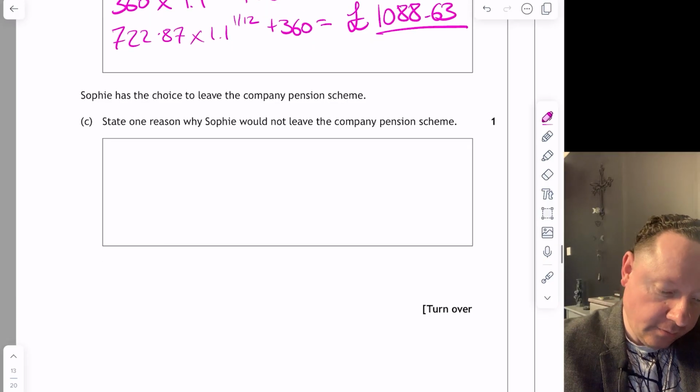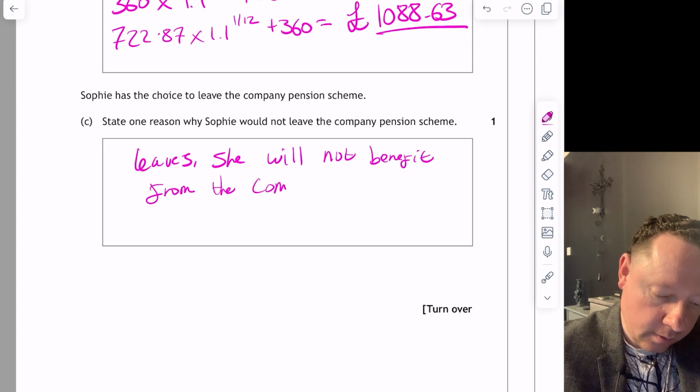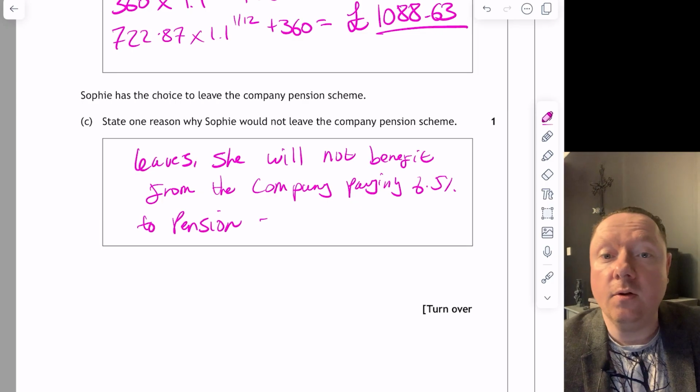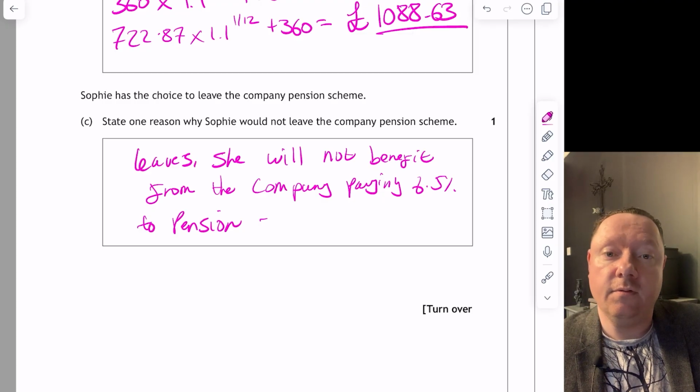So if she leaves, she will not benefit from the company paying 6.5% to pension. She's effectively losing that amount of money. So either that, or it is important to save for retirement, to save for the future.